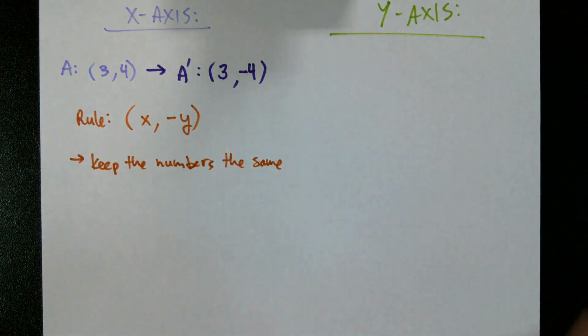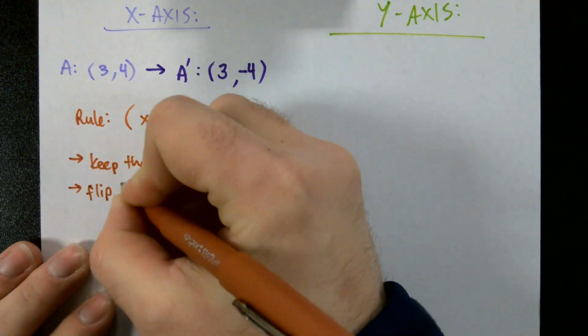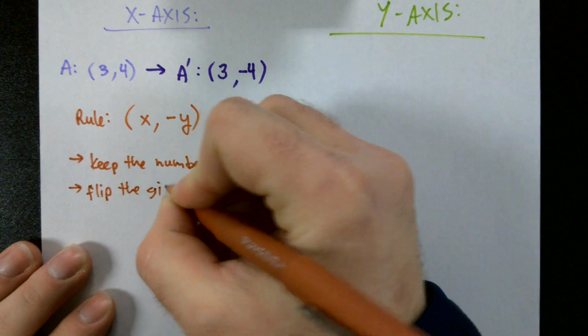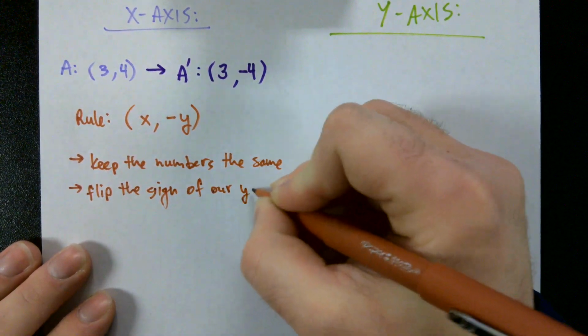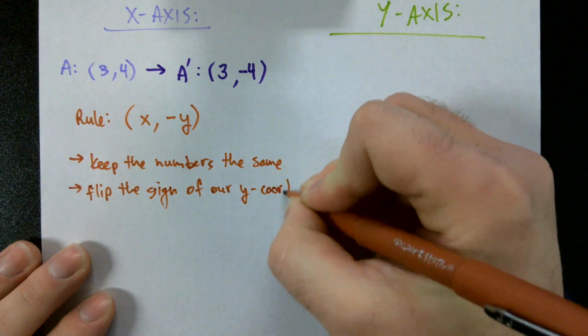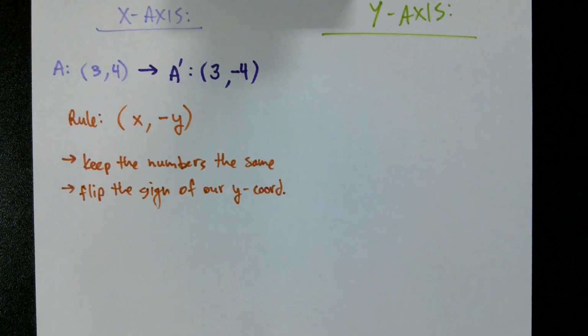Keep the numbers the same, and then we're going to flip the sign of our y-coordinate. So this is why I said that our rules today are going to be kind of backwards from what we would typically think.